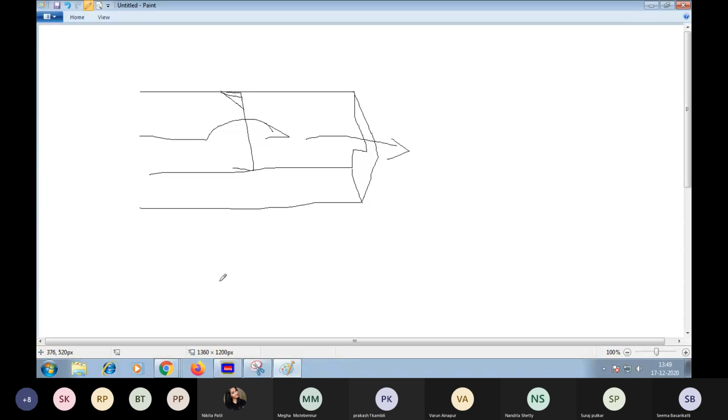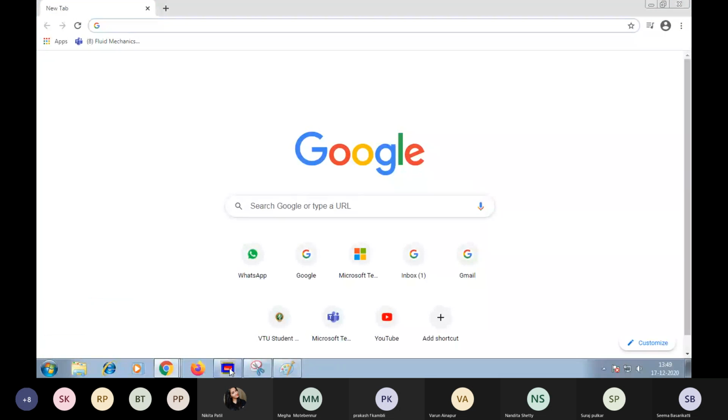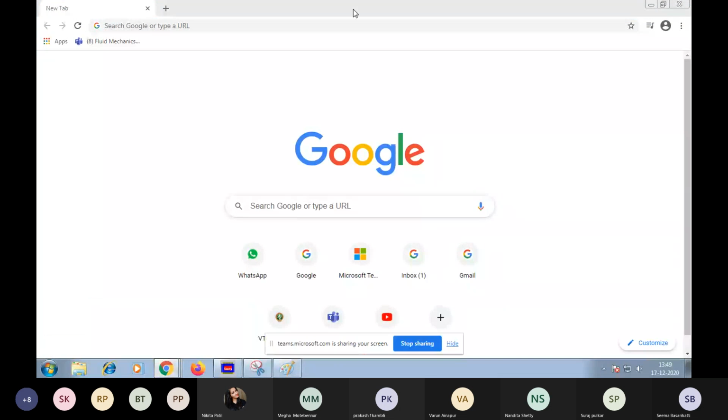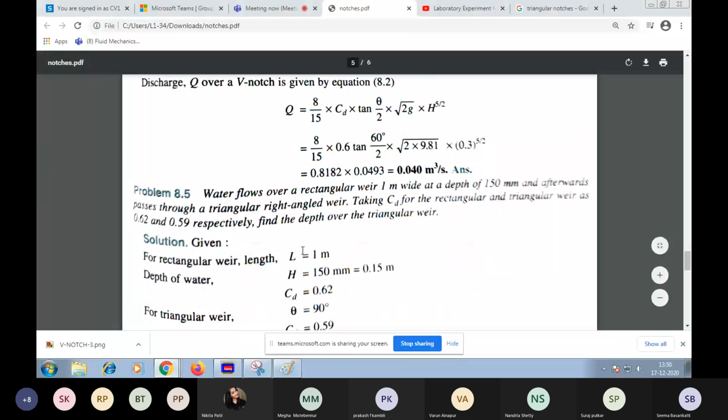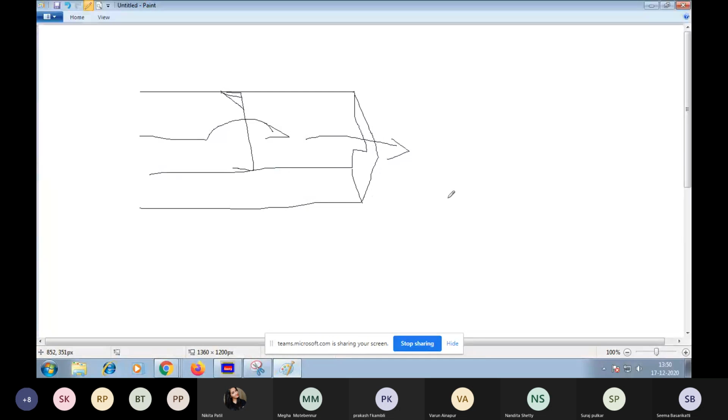The length is given as 1 meter, and the height of water in the rectangular notch is 150 mm.